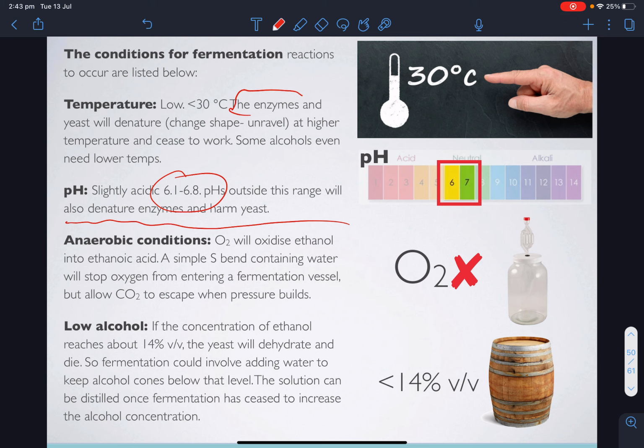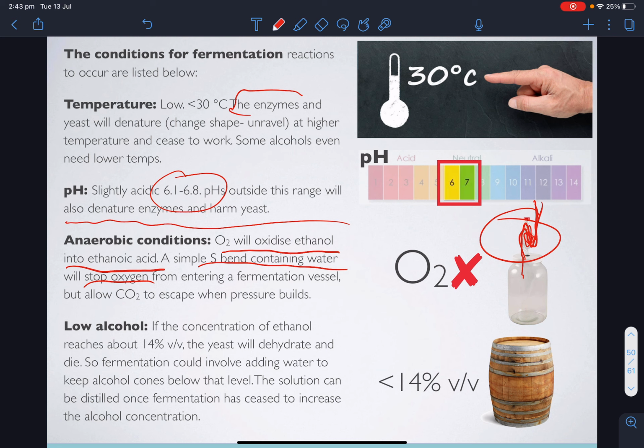As we talked about before, you need anaerobic conditions because the O2 will oxidize the ethanol into ethanoic acid. So usually, an S-bend containing water, so this is an S-bend because it goes up and down and up, and you put water in there, and what ends up happening is oxygen can't get in, but CO2 can bubble out. And so you don't get pressure building up and explosions.